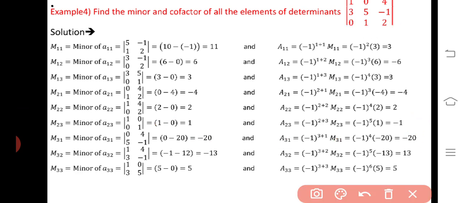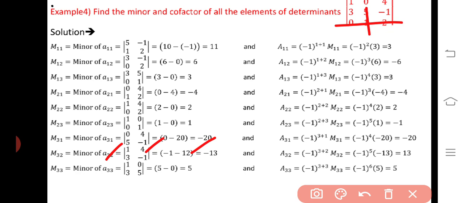Yes. Then minor of 3 2. Delete third row, second column. Write the remaining elements: 1 4 3 minus 1. Then multiply: minus 1 into 1 minus 3 fours are minus 12 will get minus 1 minus 12, which is minus 13.